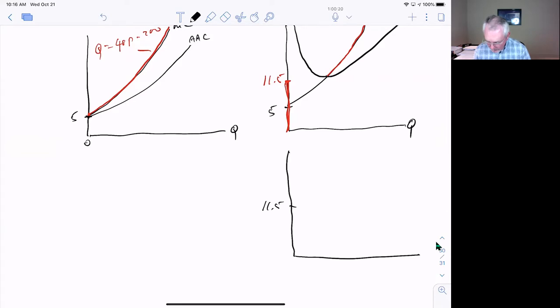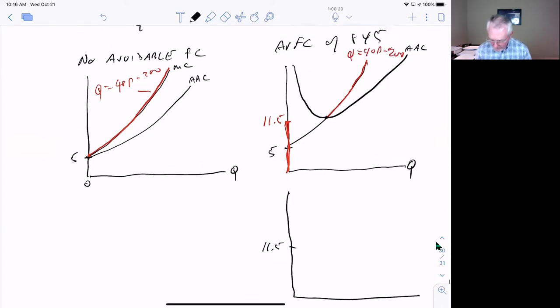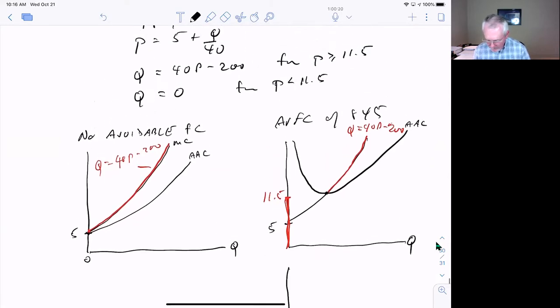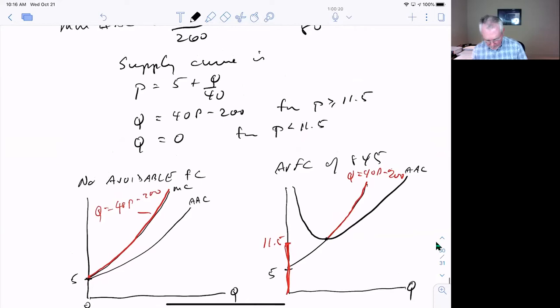At that price of 11.5, let's put in Dan's supply curve and solve for Q. So I have 40 times 11.5 minus 200, which is 260.